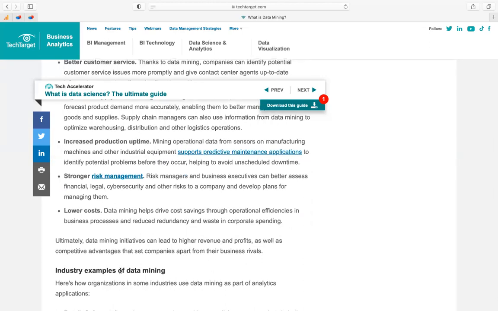Increased productivity and uptime. Data mining helps in manufacturing industries. It helps you to increase productivity. Maybe according to the data you have, the workers there report to work very slowly. I once joined an organization when I was an undergrad to do an internship with them.